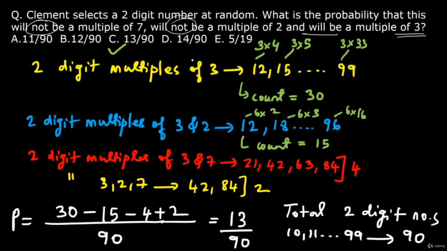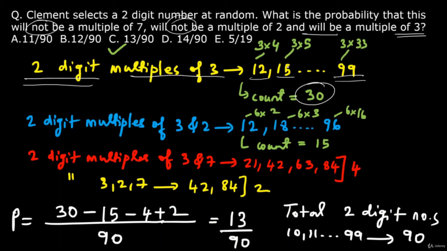Alright, now over here he's selecting a 2-digit number, right? So how many multiples of 3 are there in the set of 2-digit numbers? You will see that there are 30 numbers. The first 2-digit multiple of 3 is 12. The next one will be 12 plus 3, which is 15, and it goes on till 99, which is divisible by 3.